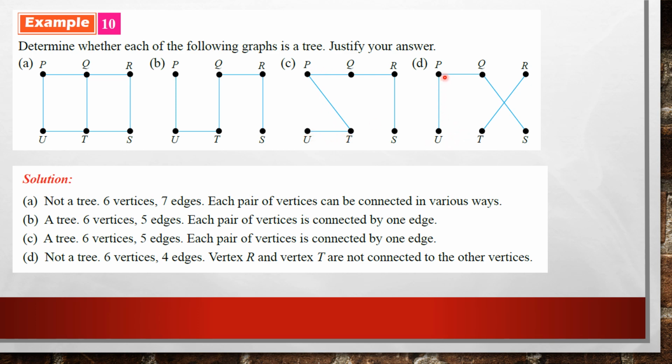For diagram D, you still have 6 vertices, but you only have 4 edges: 1, 2, 3, and 4.